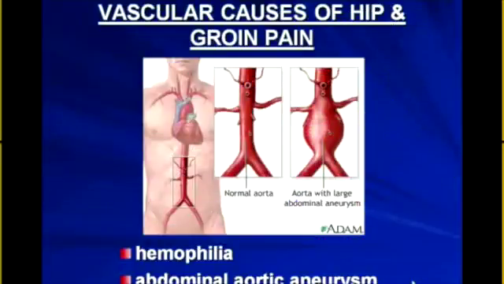When we look at vascular causes of hip and groin pain, one we need to consider is hemophilia. Hemophilia is a blood disorder that can cause bleeding, particularly into the iliopsoas muscle or into the wall of the large intestine. This certainly can result in pain and spasm of the iliopsoas muscle. As the blood pools, the pain increases and intensifies.